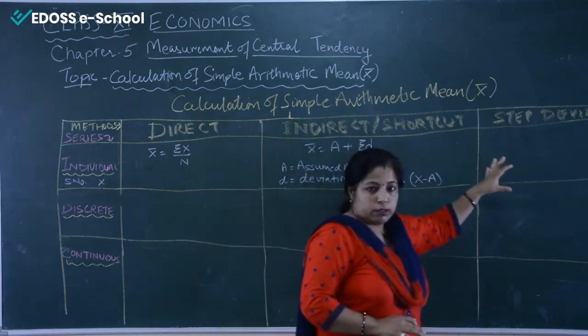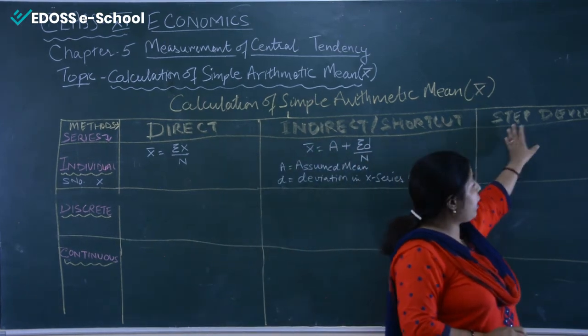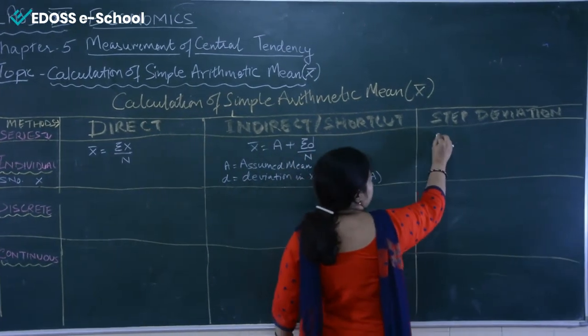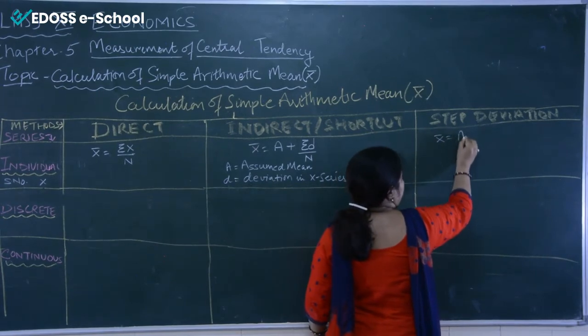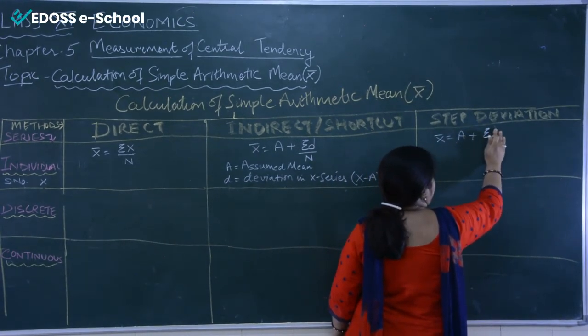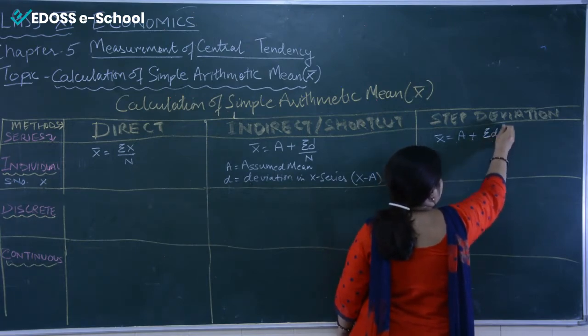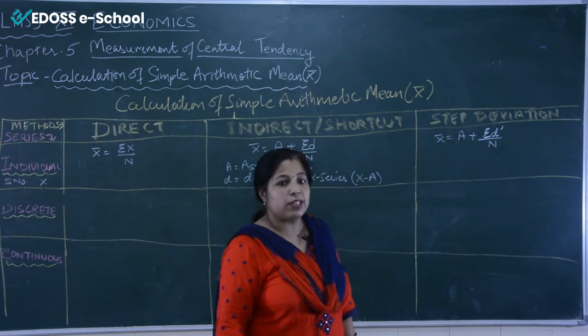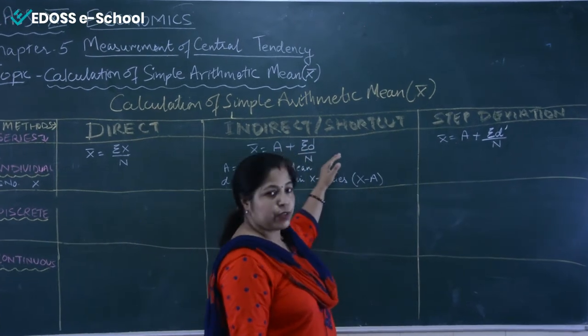Third formula. Now, the formula to calculate mean under step deviation method. The formula is x bar is equal to A plus summation D dash upon N. Now what is the change from the previous formula?